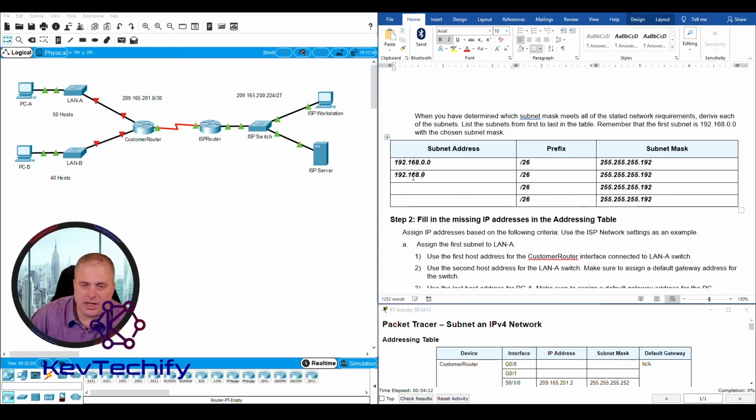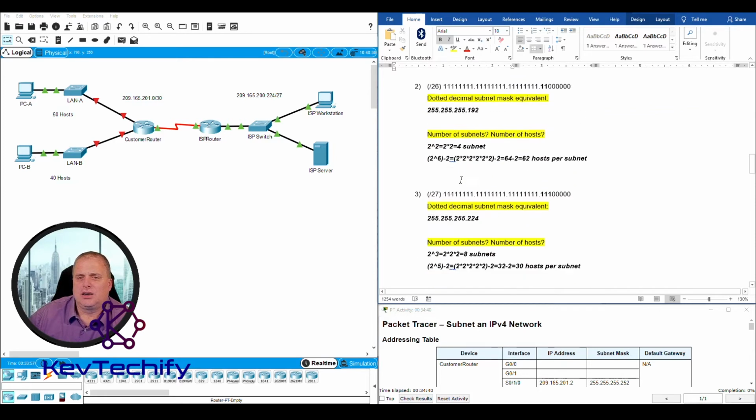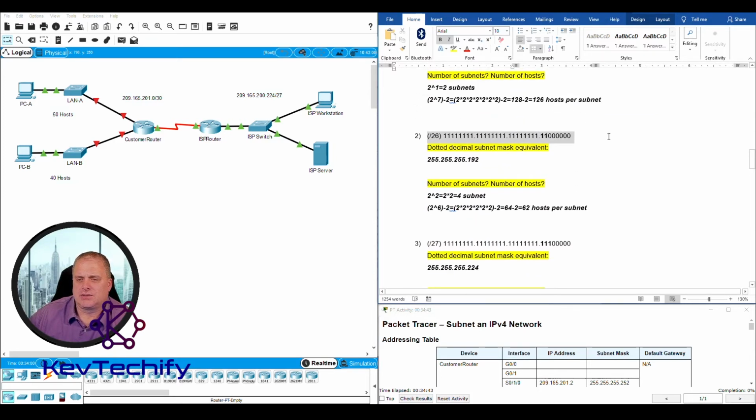So 192.168.0, and then the octet there will be what we figure out. All we have to do is figure out what this 4th octet is. What is the network address for each one of these? We divided this up into 4. If we go back up to our /26, we can see that we're borrowing 2 bits.